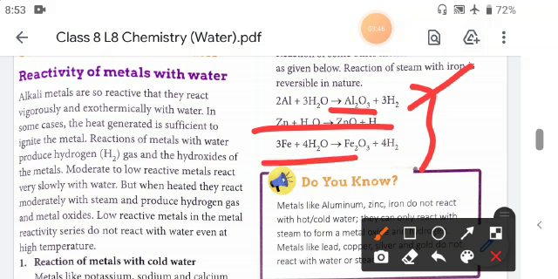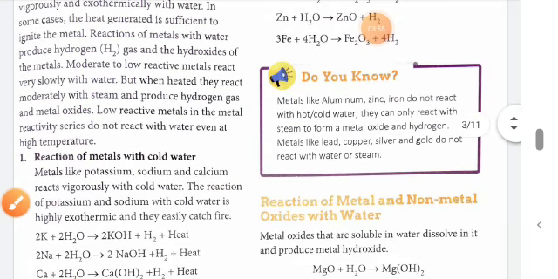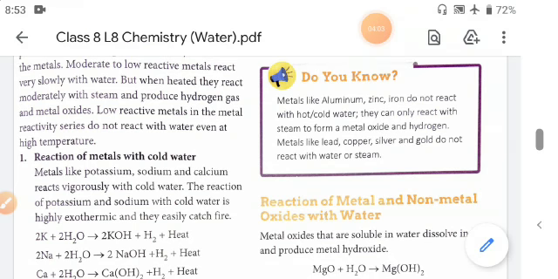Same, iron reacts with water, it gives iron oxide and hydrogen gas is released. Now you know metals like aluminum, zinc, iron don't react with hot water, they can only react with steam to form a metal oxide.